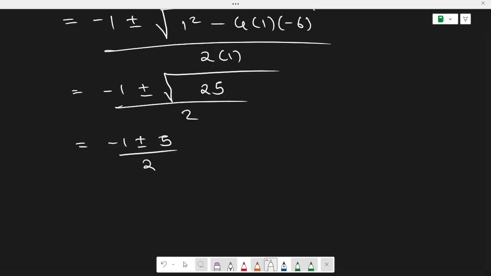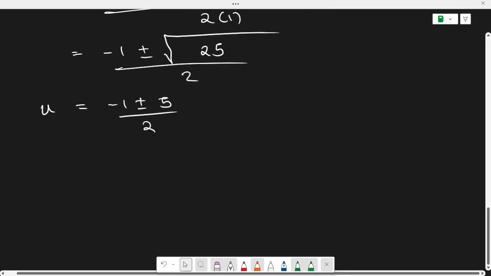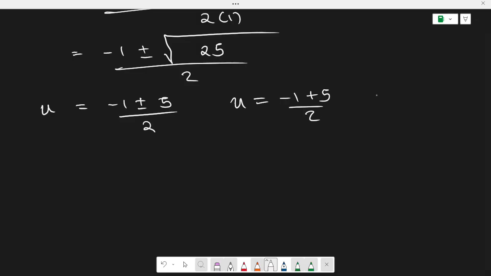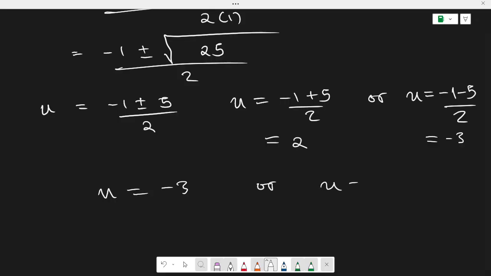Okay, so u is either negative 1 plus 5 over 2, or u is negative 1 minus 5 over 2. Here we'll get a 2, and here we are going to get a negative 3. Hence, u is equal to negative 3, or u is equal to 2.